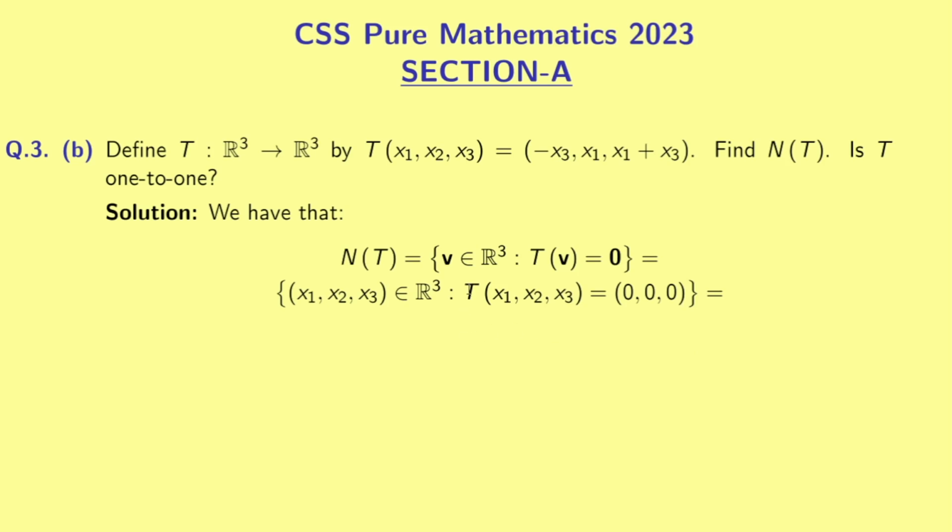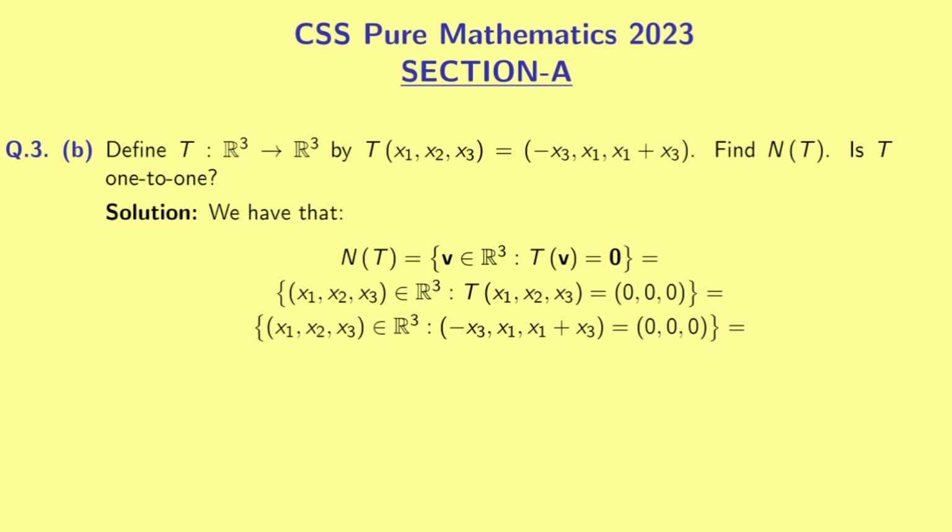But now we are going to apply the definition of T. So this null space is the set of all vectors in R3 such that this vector, where we just apply the definition of T, equals 0, 0, 0.